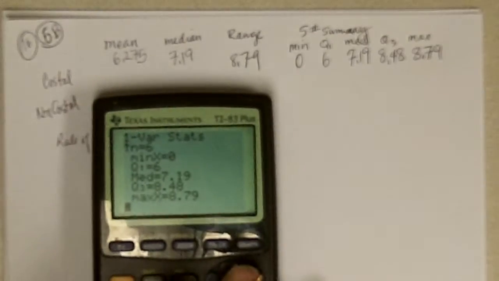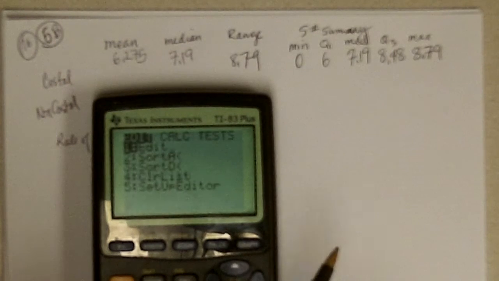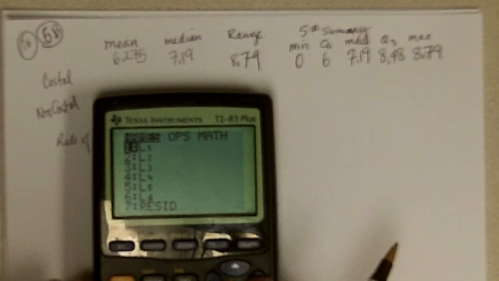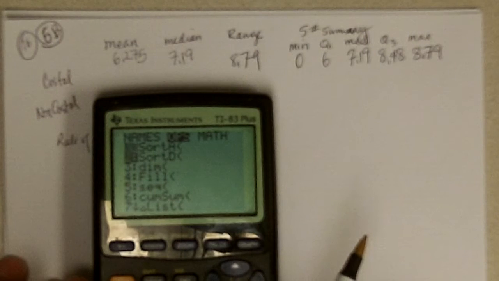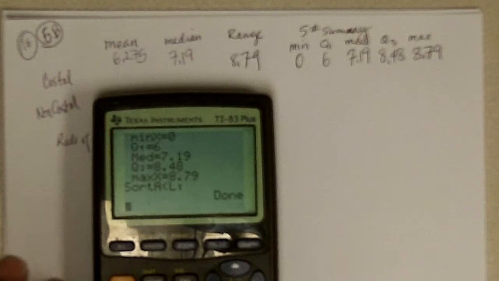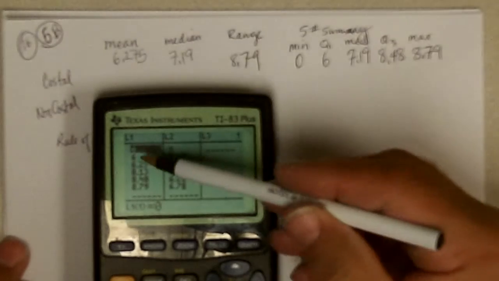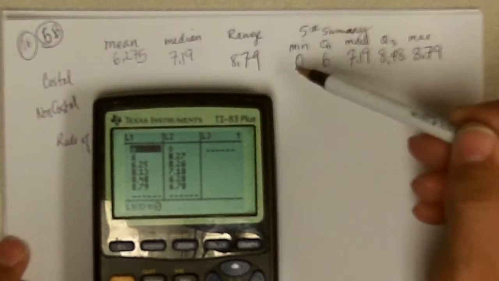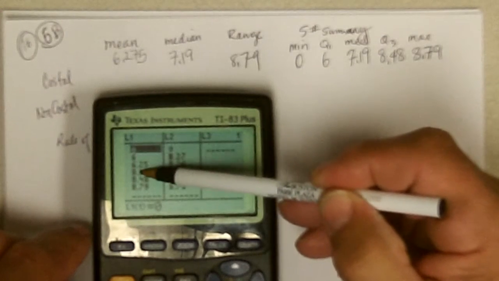Let's point out how the calculator got these. I'm going to quit and go to list, math, operations, sort ascending, list 1. Now I'll go back and look at list 1. Now they're ascending: the minimum, and there's 1, 2, 3, 4, 5, 6.